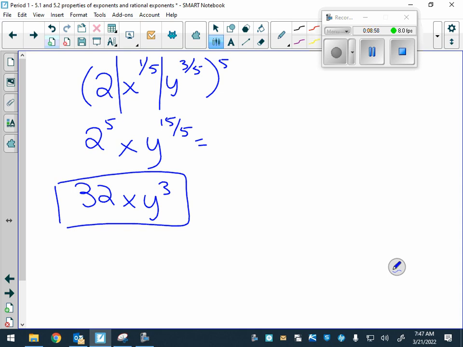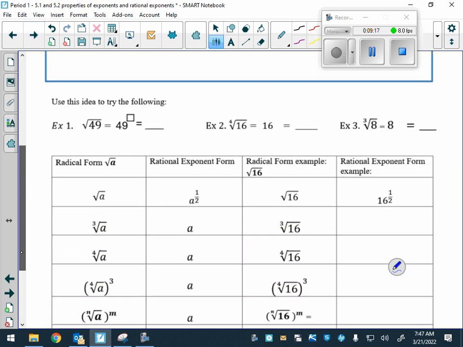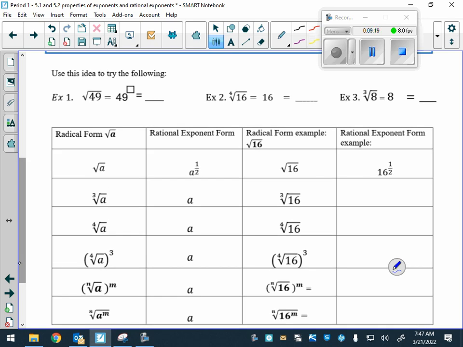All right. So in our notes, if you turn to, I believe it's page 5. Skip right down to the bottom.